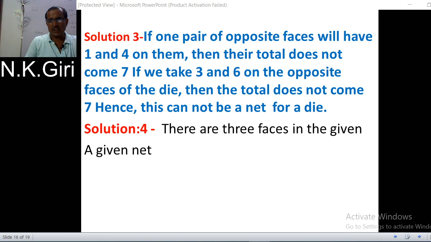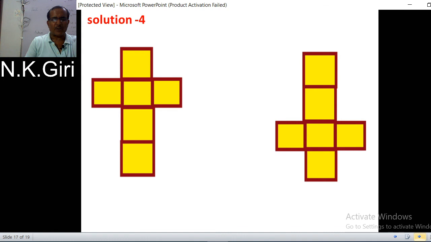Now we come on the next question है आपका, question number 4. We have the nets like this. We fold this to above, and this is above and this is above. Like that we fold this and like that, and this will become the top.